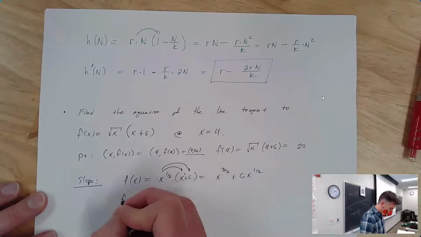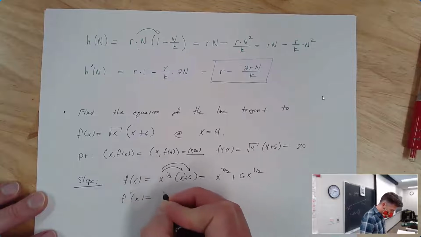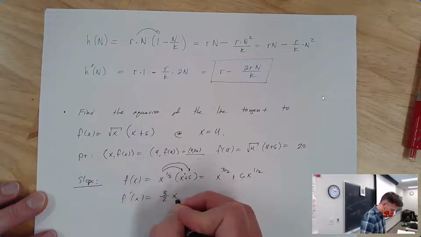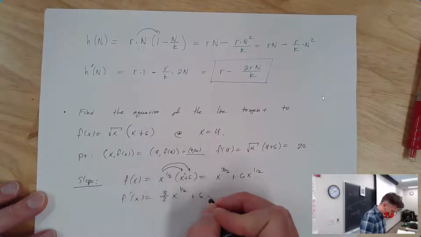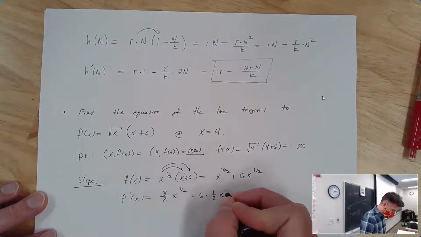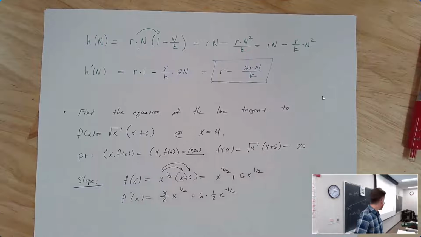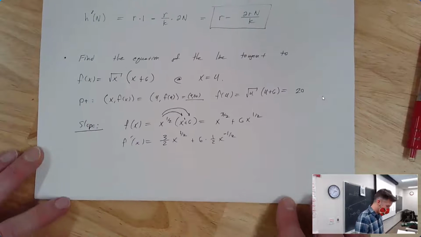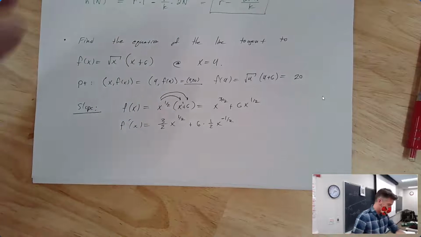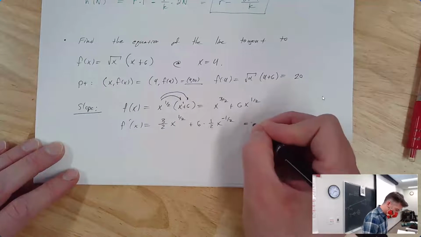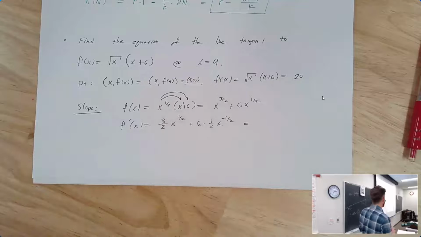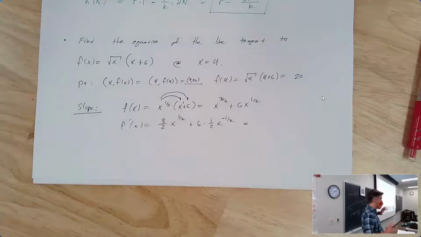And then we can easily find the derivative as 3/2 x to the 3/2 minus 1, which is 1/2, plus 6 times 1/2 x to the -1/2. All right, I'm going to simplify that just a tiny bit. I like the 1/2 power for taking derivatives. I would definitely write x to the 1/2 for derivative purposes.